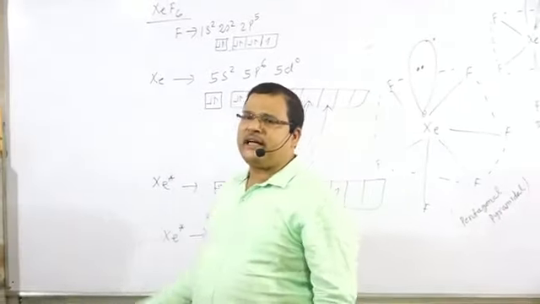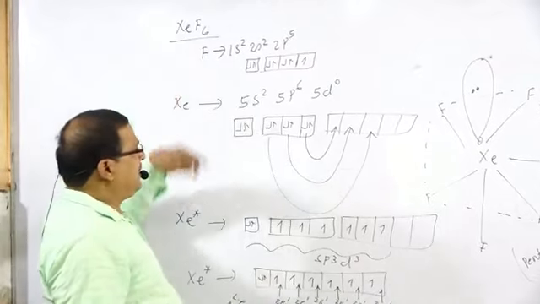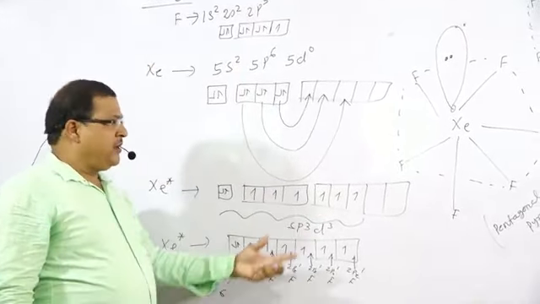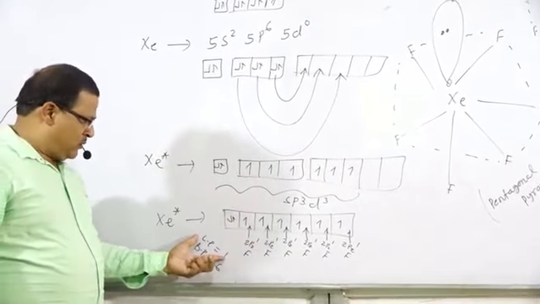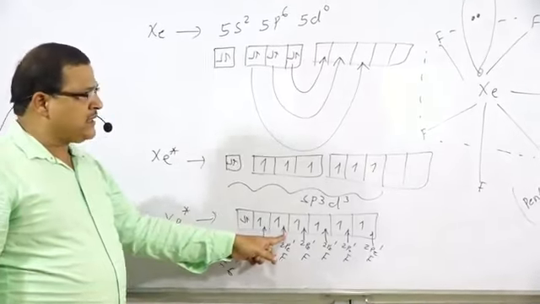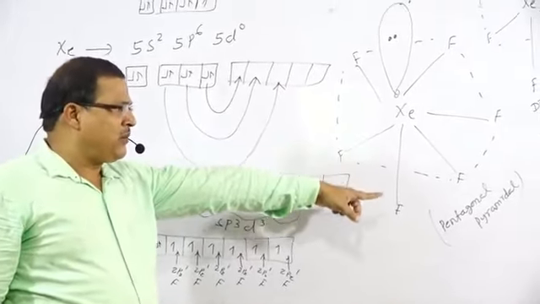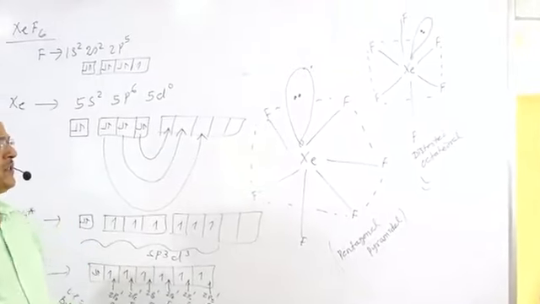So xenon hexafluoride has sp3d3 hybridization, number of lone pairs equal to 1, bond pairs 6. Either the structure will be pentagonal pyramidal or distorted octahedral, but distorted octahedral is the most preferred.